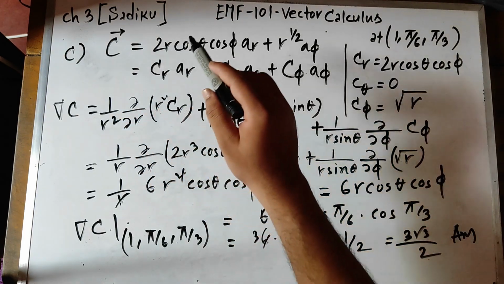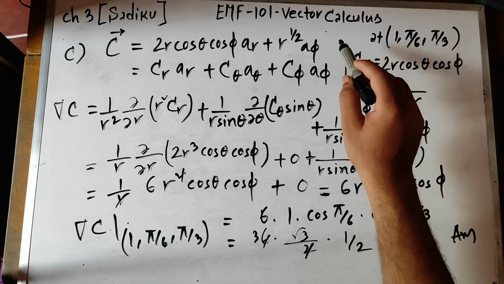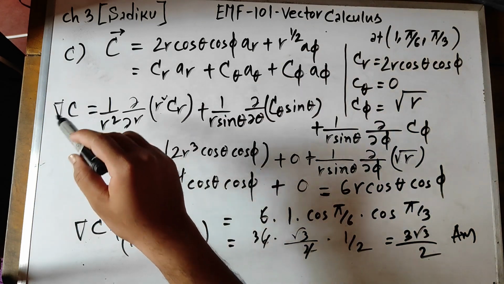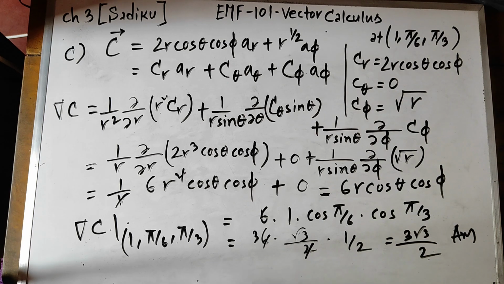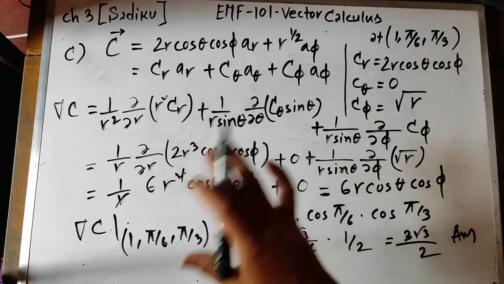The vector field in spherical coordinate systems is this, and its divergence is the scalar 6r cos theta cos phi, and at the point 1, pi by 6, pi by 3, the value is 3 root 3 by 2, and this is the answer. This is for this video.